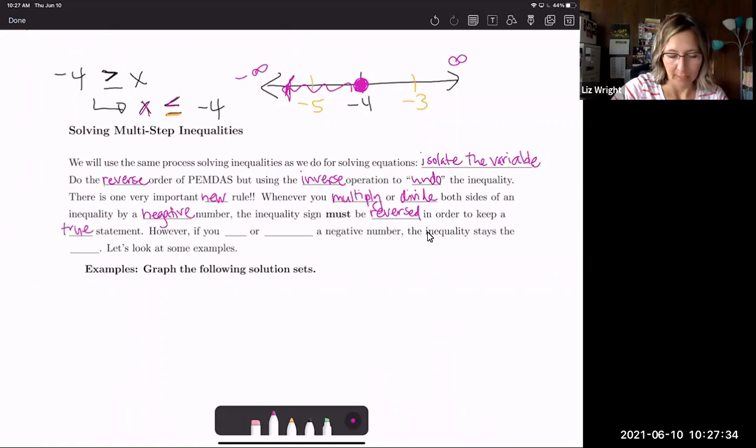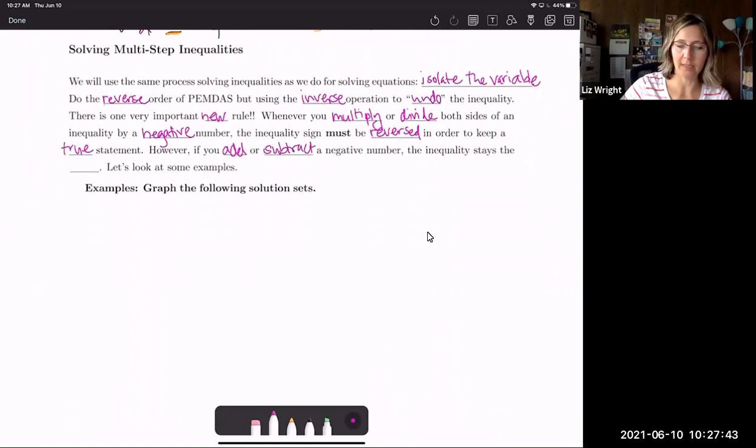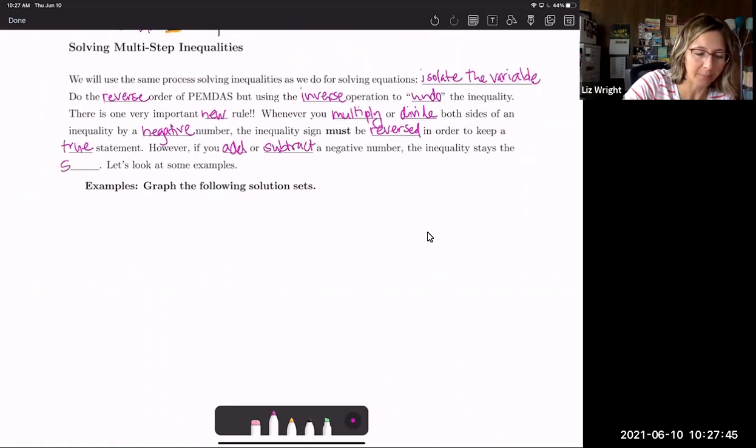However, if you add or subtract a negative number, the inequality stays the same.